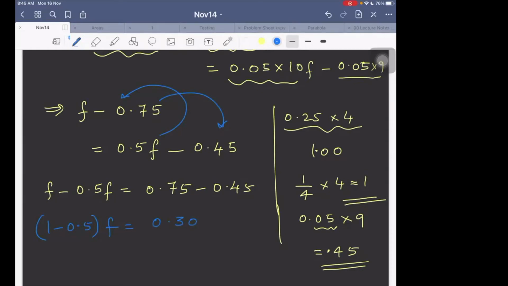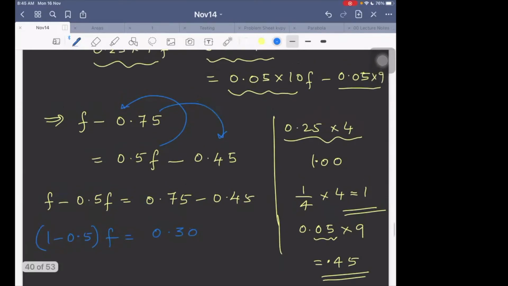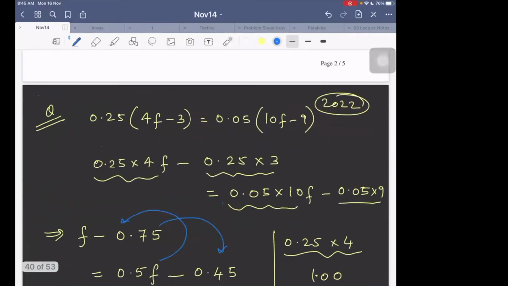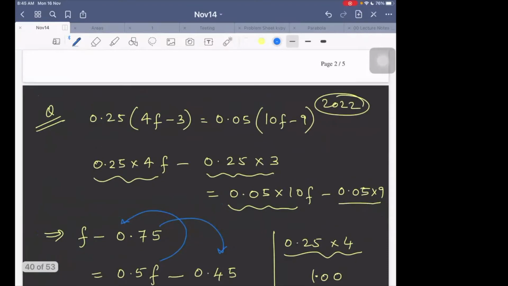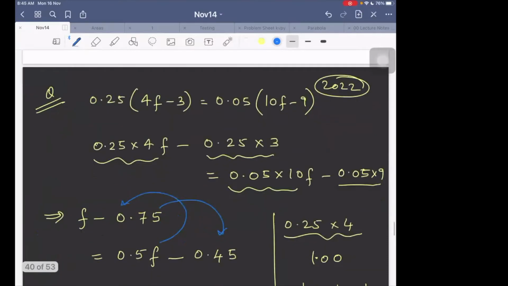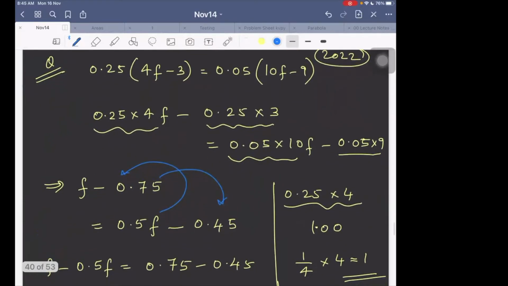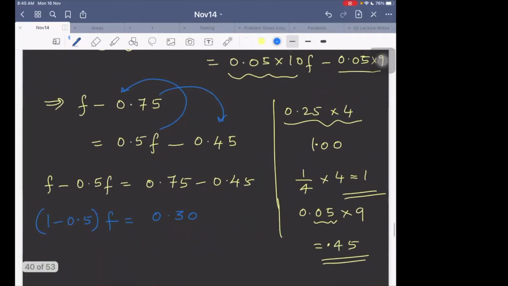Oh, wait. Did we make a mistake? No, we haven't. It's 0.75 minus 0.45, which is 0.3, right?